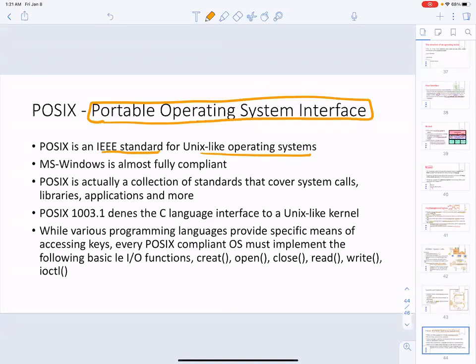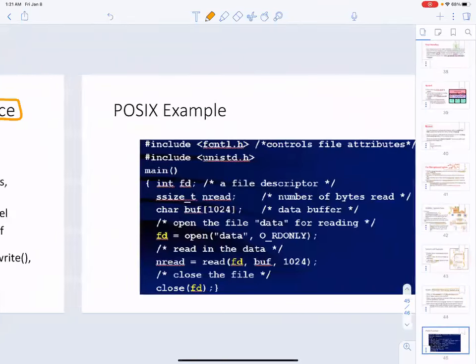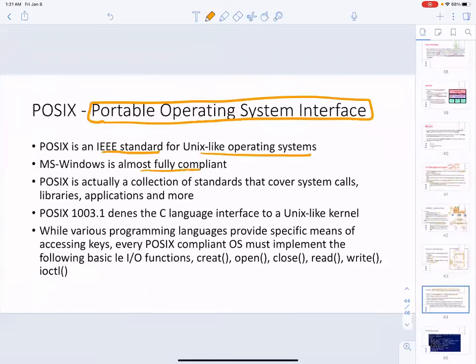So each user writes whatever he or she wants as code, and then we have one system call corresponding to the code of the user. It has to be the standard provided by the portable operating system interface. Recently, Microsoft Windows is fully compliant with this also.